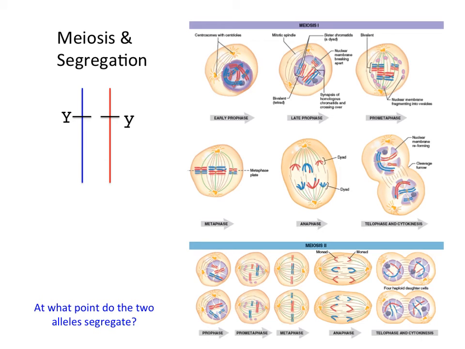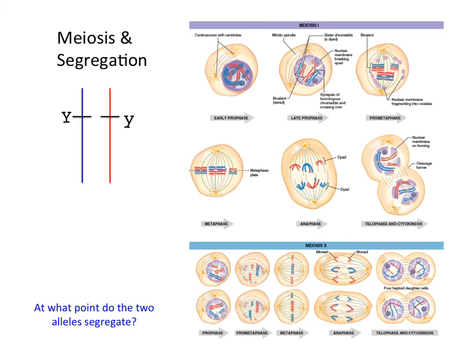Right, so the number of rows and columns is the number of haplotypes, which is fancy for the genotype of a haploid cell, right?